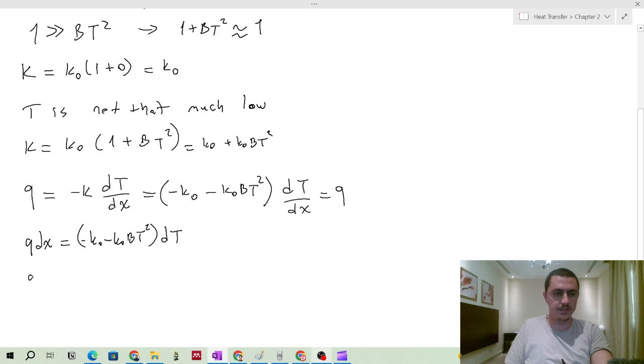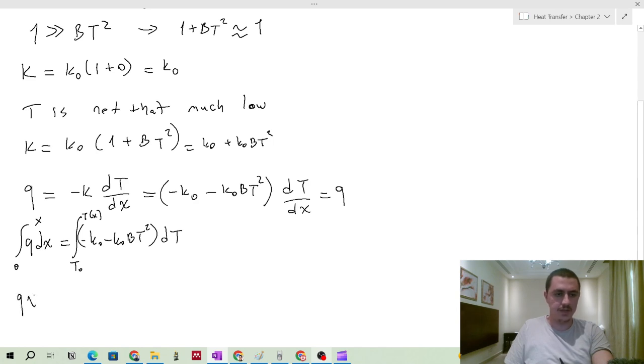So you get from 0 to x, and here from T naught to T x as a function of x, okay? Since q is constant here, a constant heat flux during this solid wall, we have constant heat flux. So q comes out and integrating from 0 to x gives you x only.